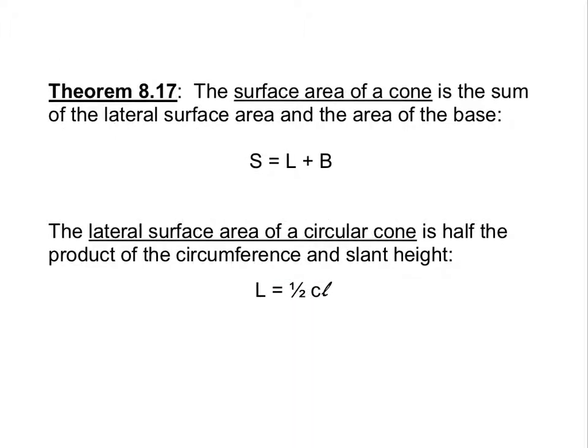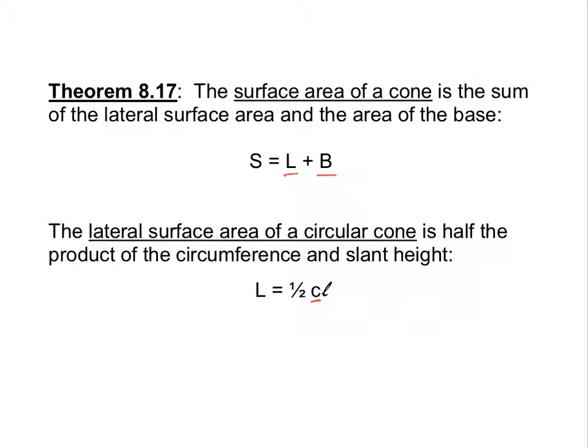So here are our formulas for the surface area and the lateral surface area of a cone. It's still L plus B, which was the same thing that we had for a pyramid. Here you can see that the perimeter has been changed to a C because it's the circumference.